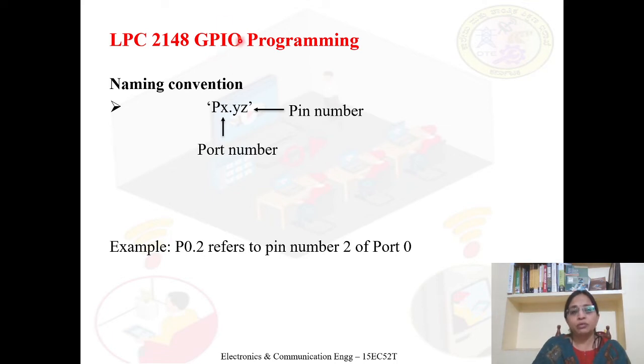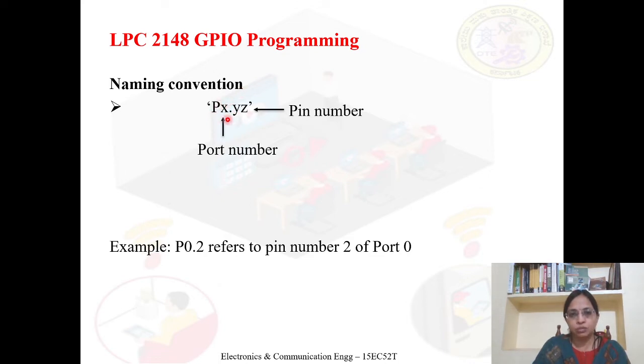For the GPIO pins of the LPC2148, how many pins are there? There are totally 64 GPIO pins. So these 64 pins are grouped as what? 2 ports, port 0 and port 1. If you want to address any particular pin of port 0 or port 1, then how can you address it? This is the naming convention followed. Here Px.yz.